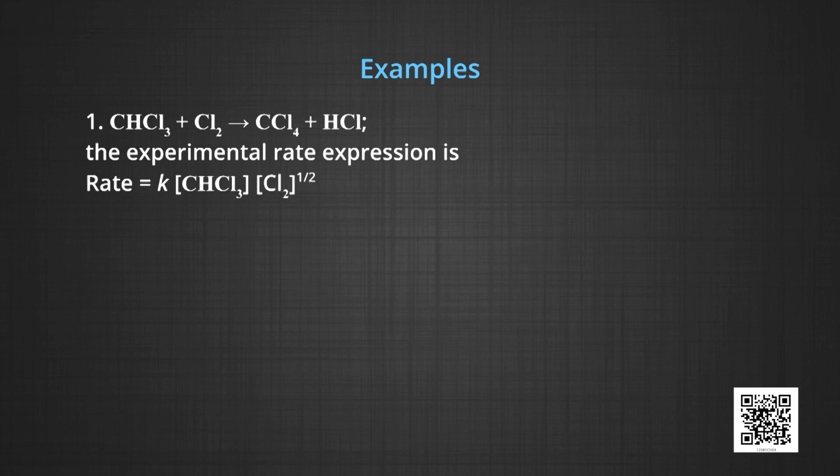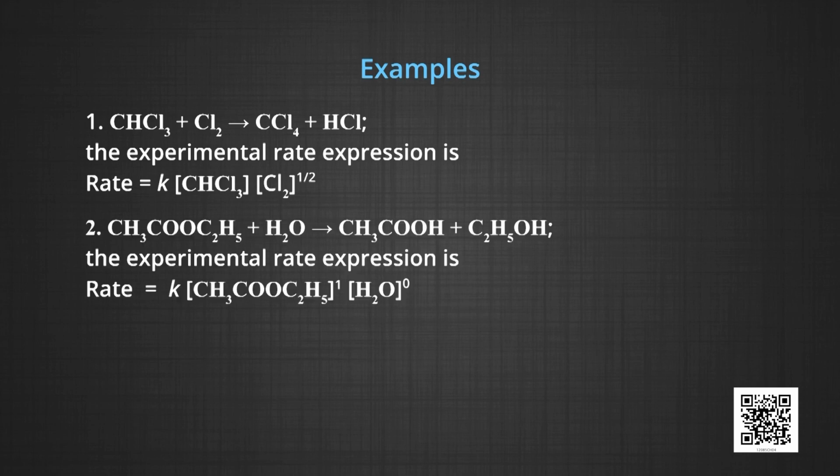Now, example number 1: you can see CHCl3, it is chloroform. When it reacts with chlorine, it gives carbon tetrachloride, that is CCl4, plus HCl. The experimental rate expression is rate equals k, molar concentration of CHCl3 and molar concentration of Cl2 raised to power half.